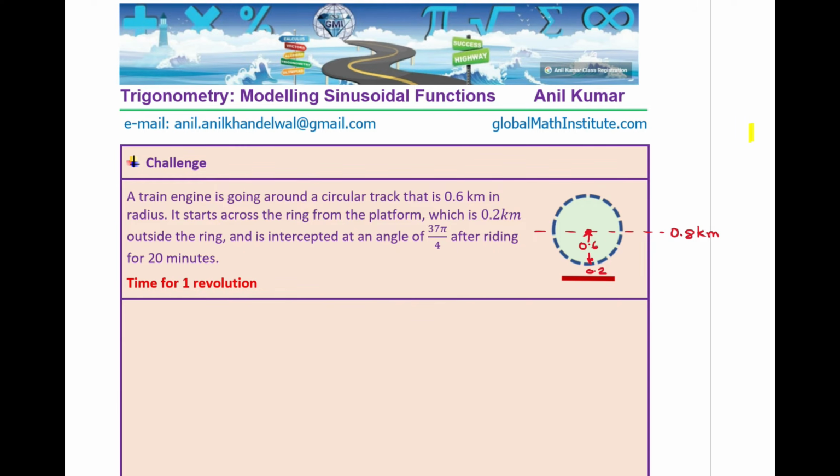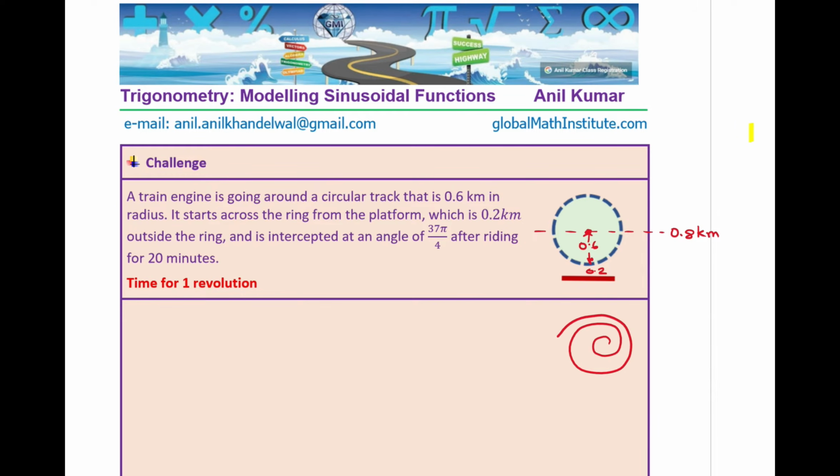However, what we are interested in finding now is the time for one revolution. How are you going to find this time? When we say that it is intercepted at an angle of 37π/4 after riding for 20 minutes, it really means that the engine is going around, right?